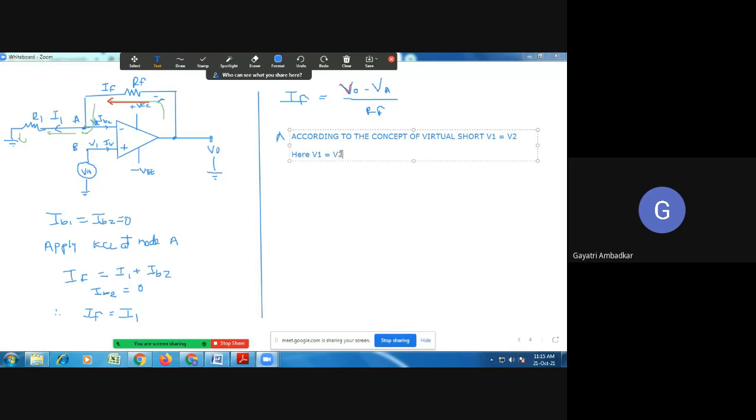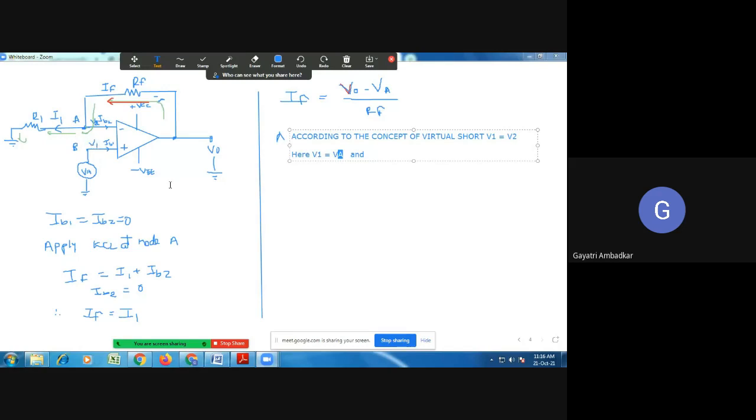Sorry, here V1 is equal to VA. What did we call V1? We called it VA. And what is our V2? Sorry, I have changed the notation here. Here I have said V2 and here I have said V1. I have shown V1 here.